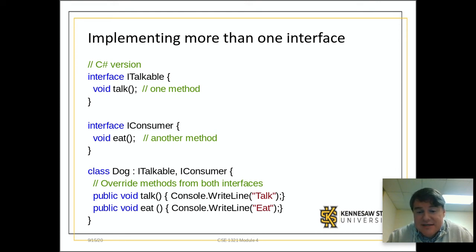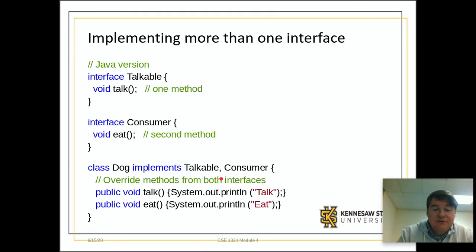And the answer is yes. The rule is you can have an unlimited number of interfaces that you are implementing and exactly one class, which can either be abstract or concrete, that you are inheriting from. So one class, unlimited numbers of interfaces. That's the rule for both C# and for Java.